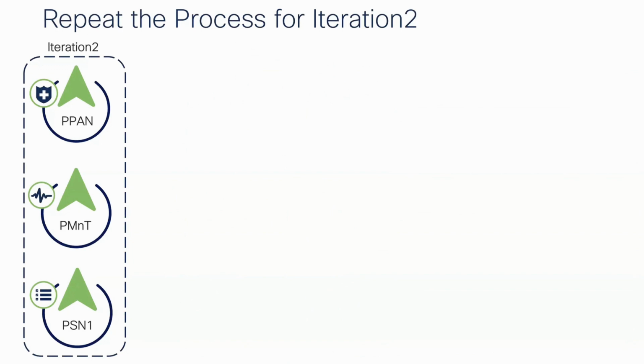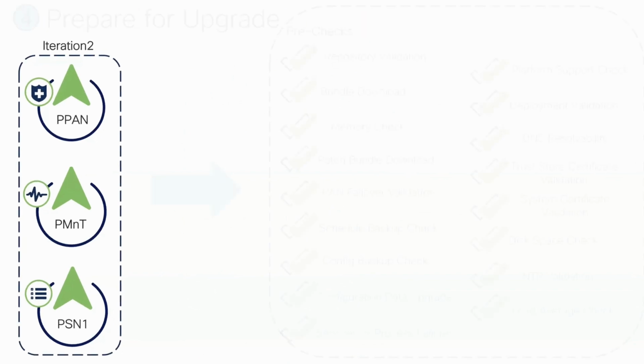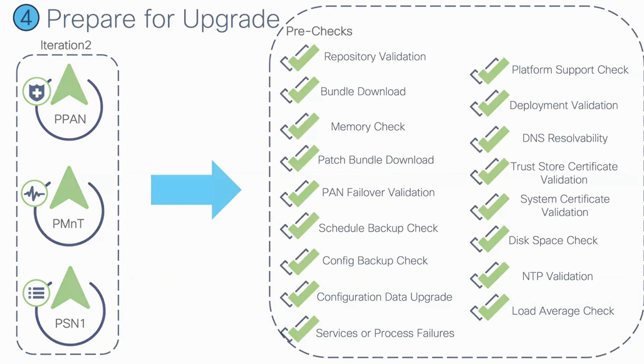As part of your second iteration nodes, I have selected PPAN, primary MNT, and PSN1, so that you can go through the pre-checks and then the staging. In the staging, we are not copying the SPAN DB. We are taking the DB dump from the new PPAN, which was the old SPAN and got upgraded to the new PPAN in 3.3.